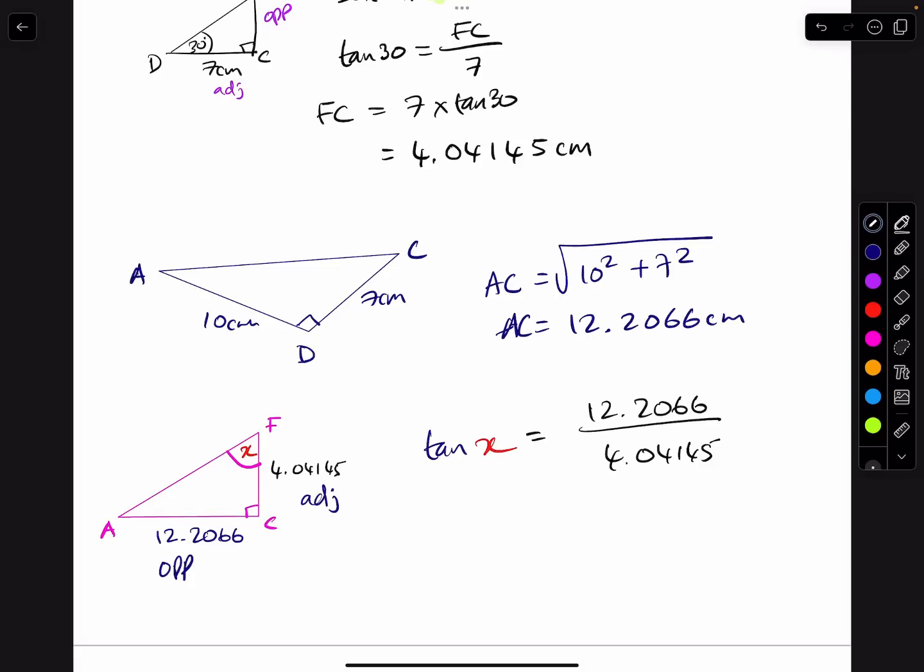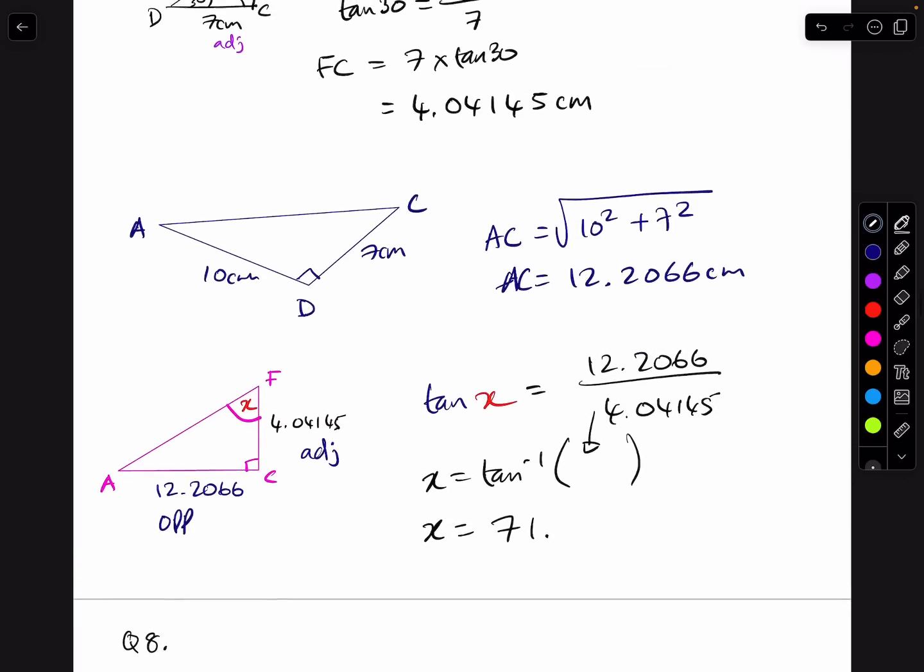When I'm finding the angle, I do the inverse. So the inverse of all of that. So I'm going to just do that on my calculator here. So inverse tan gives me 71.6809, and I have to round it to 1 decimal place, so I could say 71.7 degrees to 1 decimal place.